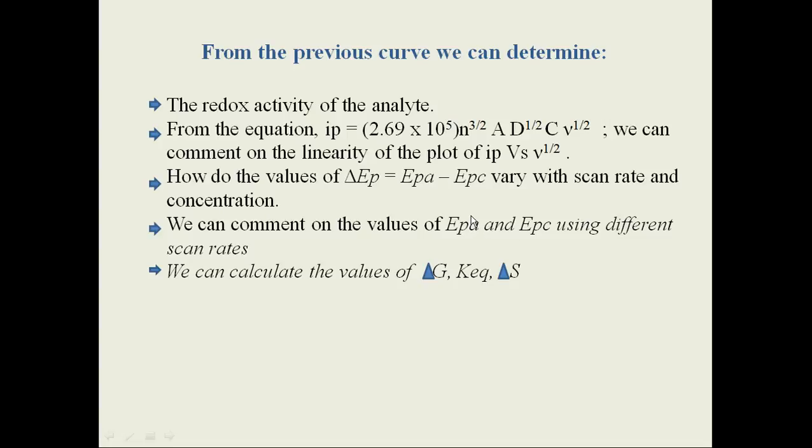That means if we increase scan rate and concentration, how this difference varies, that we can determine, and then we can comment on EPA and EPC using different scan rates. That means whether EPA or EPC is getting changed or not. But for reversible, will come later.